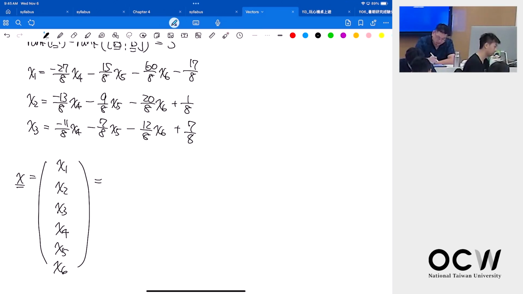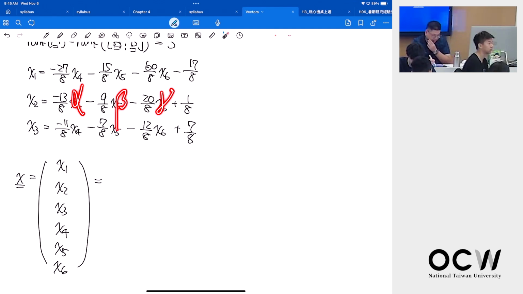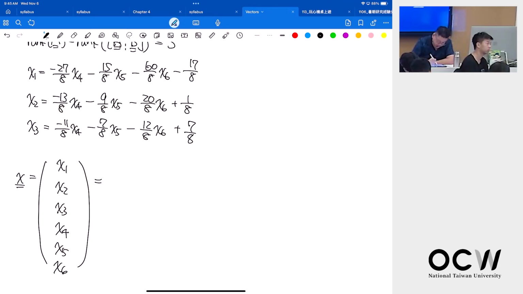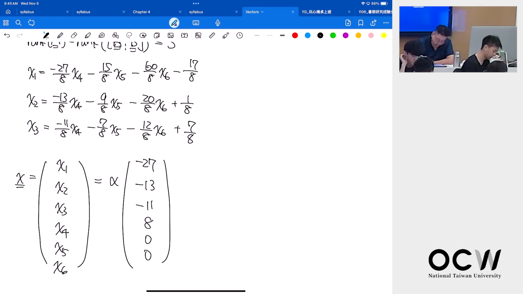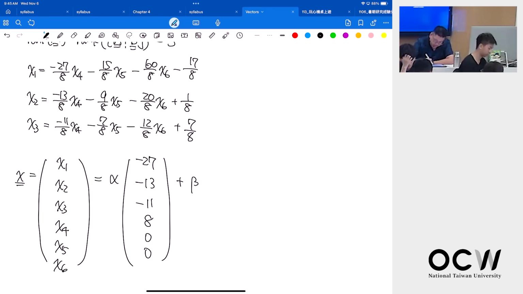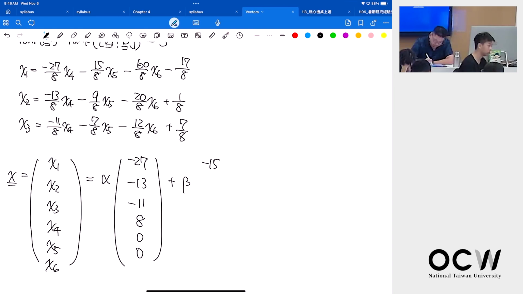So how about x4, there'll be alpha, x5 beta, x6 gamma, and times 8. 8 alpha, 8 beta, 8 gamma, so I can cancel the denominator. So I have minus 27, minus 13, minus 11, 8, 0, 0. For beta, minus 15, minus 9, minus 7, 0, 8, 0.